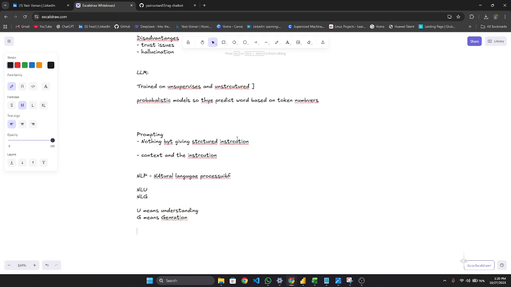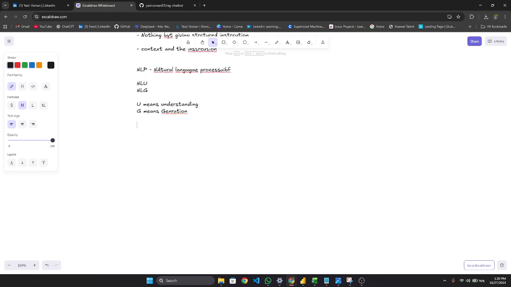Then we have key terms in the LLM part; let's mention techniques. Sorry for the spelling mistakes. We have tokenization, which is splitting text into tokens.